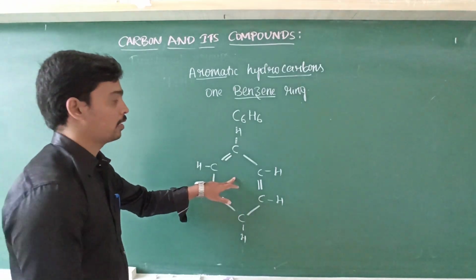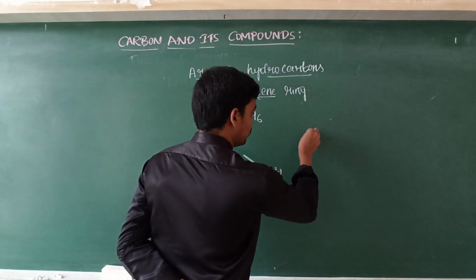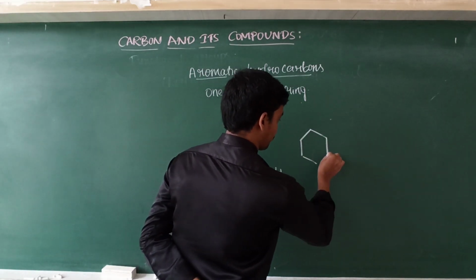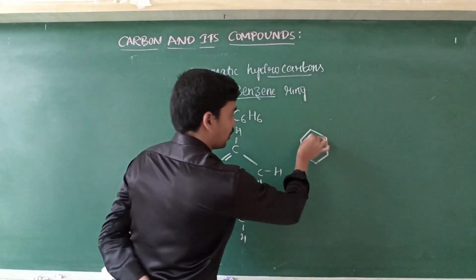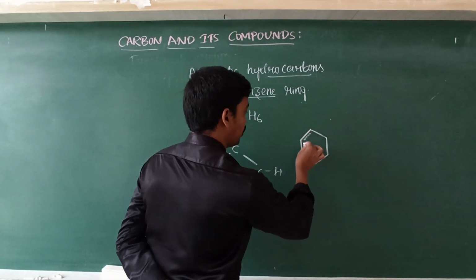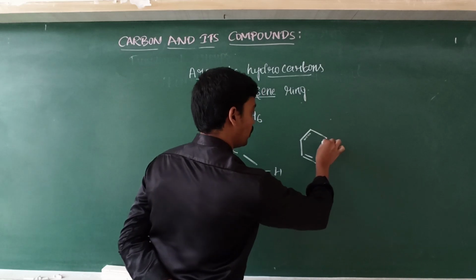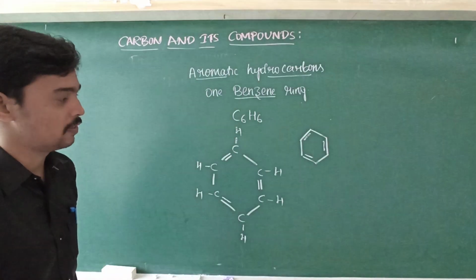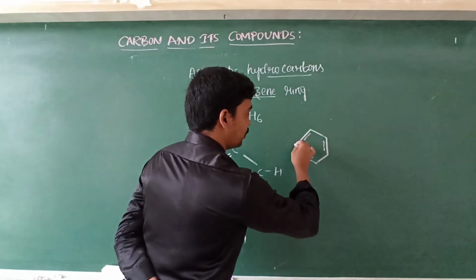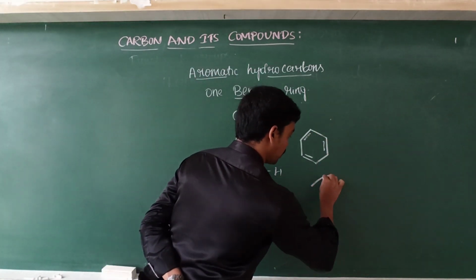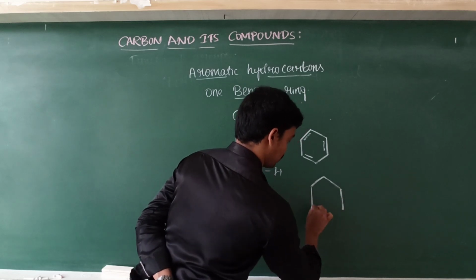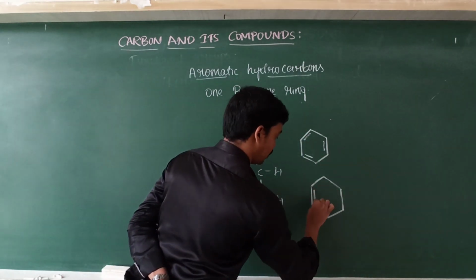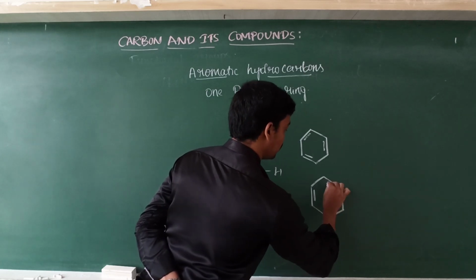Otherwise, I can also write it like this, with alternating single and double bonds. This is also the structure of benzene. Or change the position of the double bonds: double bond, single bond, double bond, single bond, double bond, single bond.